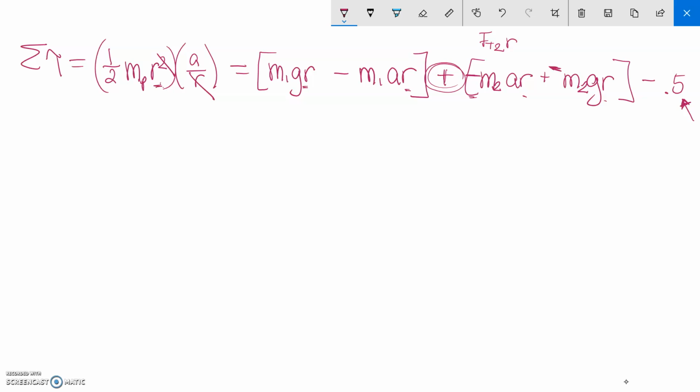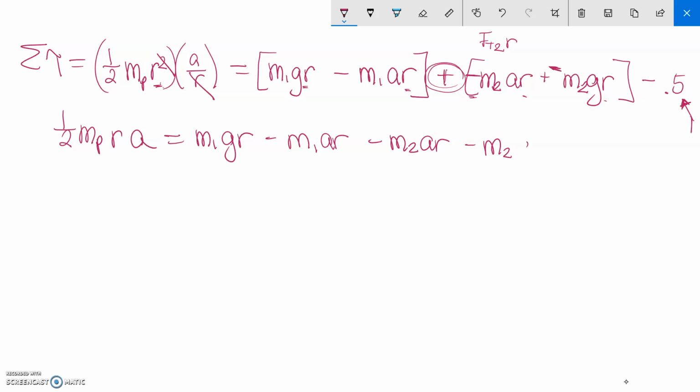So make sure when you cancel stuff out, that variable is in all the terms. And in this case, it's not. Okay, so I'm going to have 1/2 mass of the pulley times r times a equals m1g times r minus m1a times r minus m2a times r minus m2g times r minus 0.5.